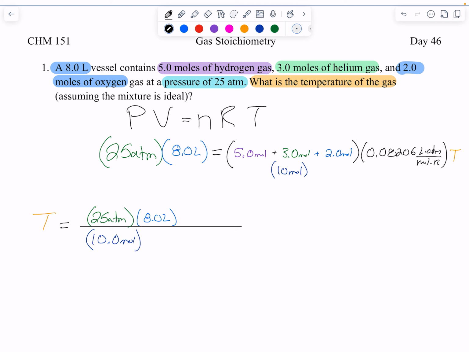And our gas constant of 0.08206 liters atmospheres per mole Kelvin. So if I do that math, right? Okay, 25 times 8 divided by the 10 divided by 0.08206, I get 243.724 Kelvin. Now, I get 2 sig figs, so 240 Kelvin is our temperature. All right, there we go.